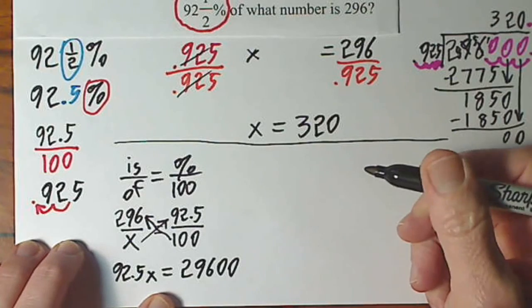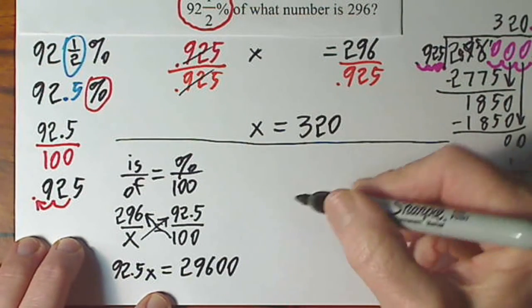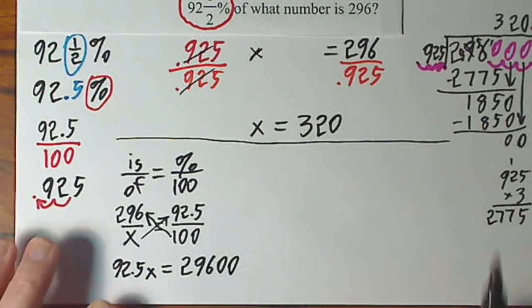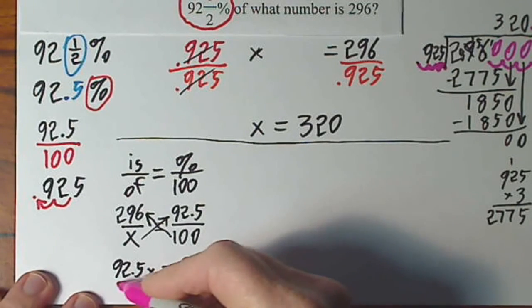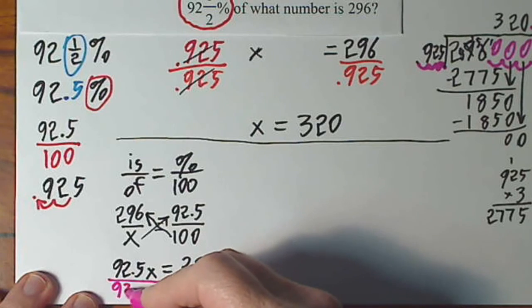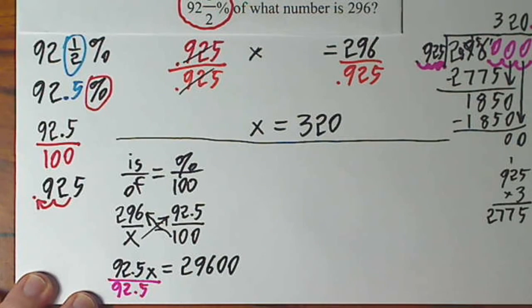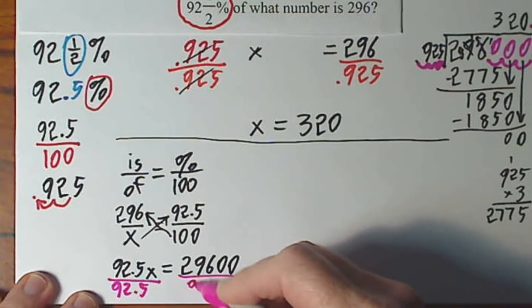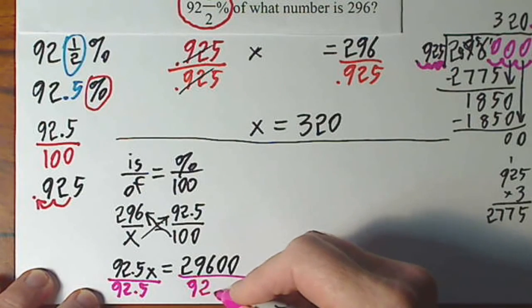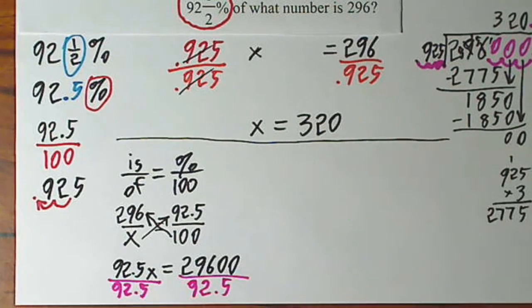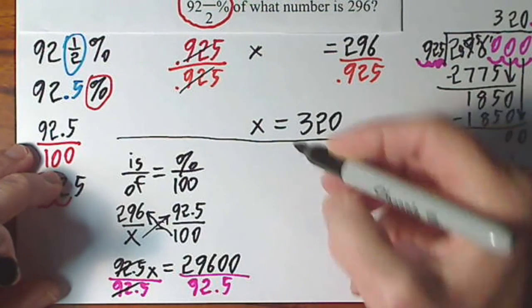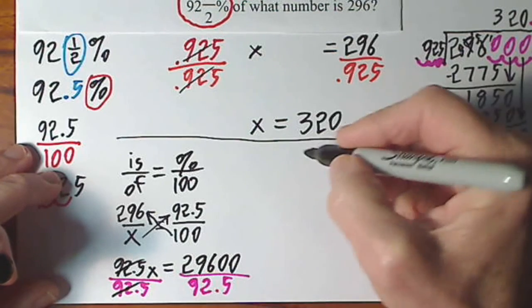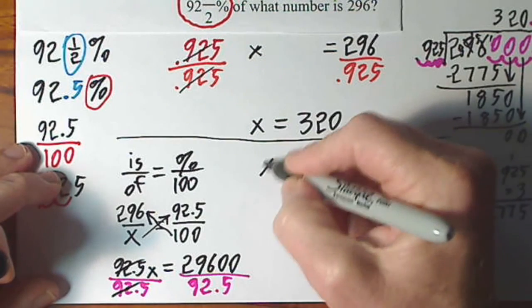Just tack on a couple zeros. So if we're to get X by itself, we'll have to divide each side by 92 5/10. Okay, and on the left side, that's certainly cleaned up. You have X by itself, so I'm running out of room there. I'm just going to put my X up here.